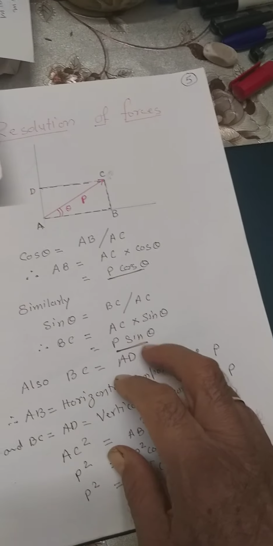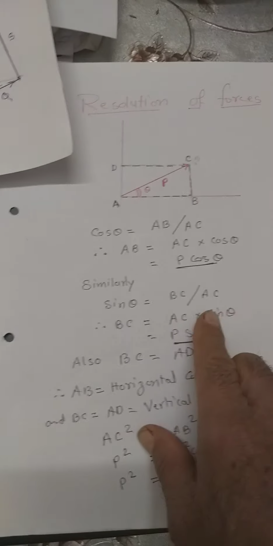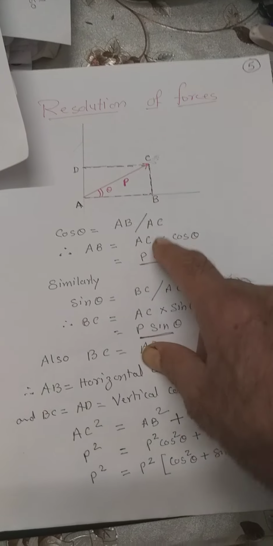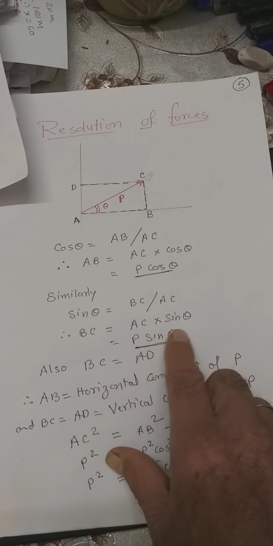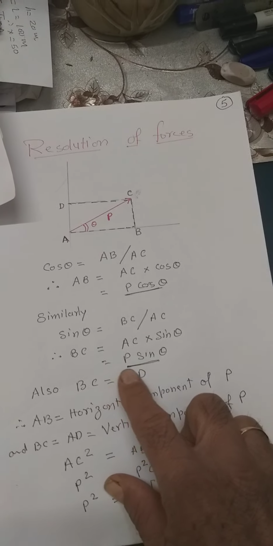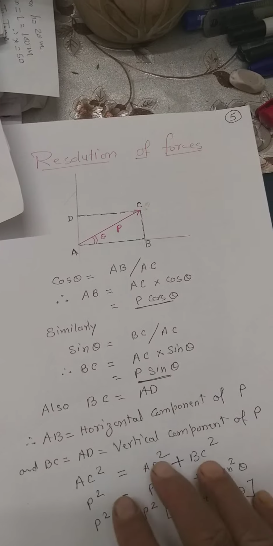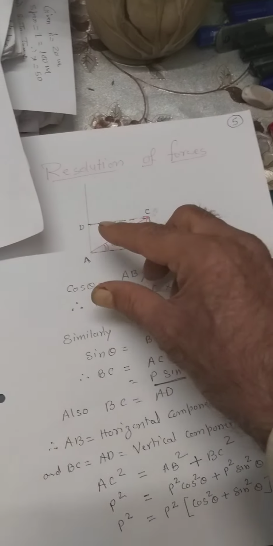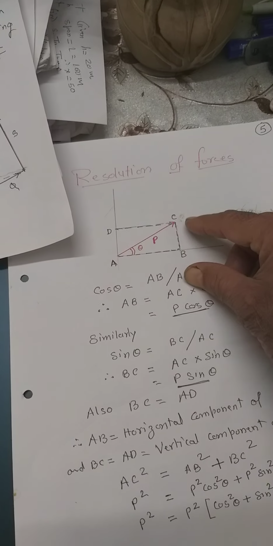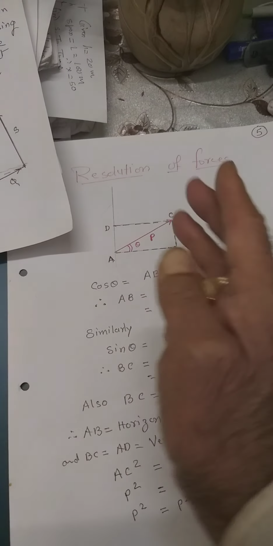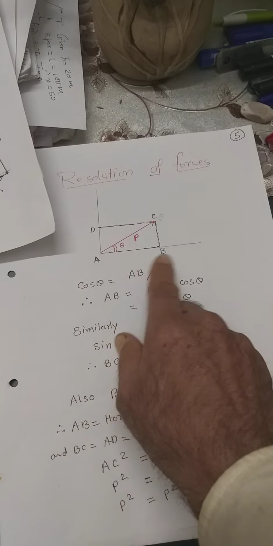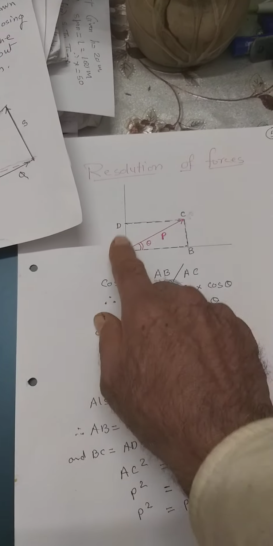So perpendicular is BC upon AC. So we can find out the vertical component, that is BC, that is AC sine of theta, that is P sine of theta. Also we know that AD is equal to BC.